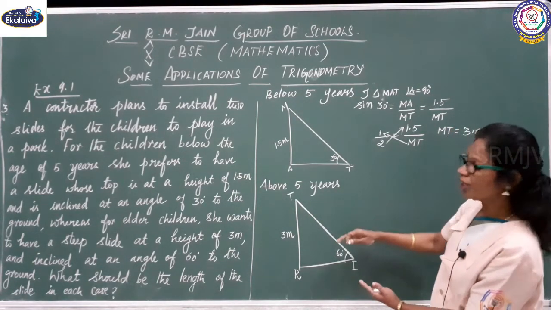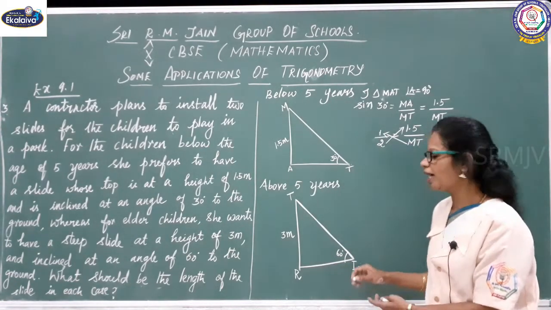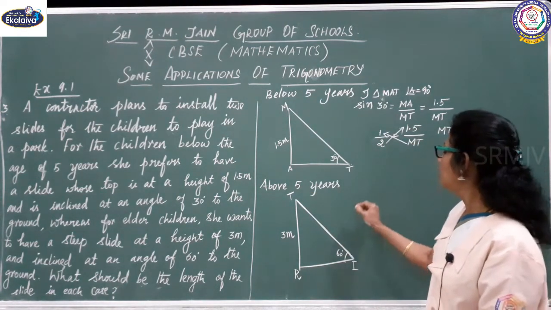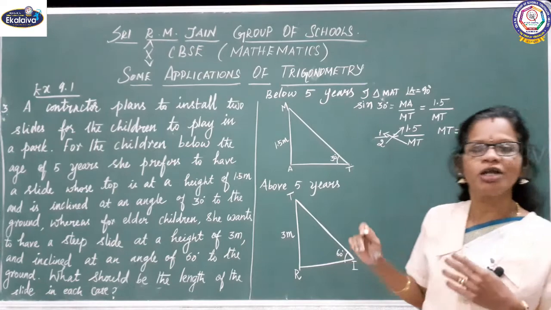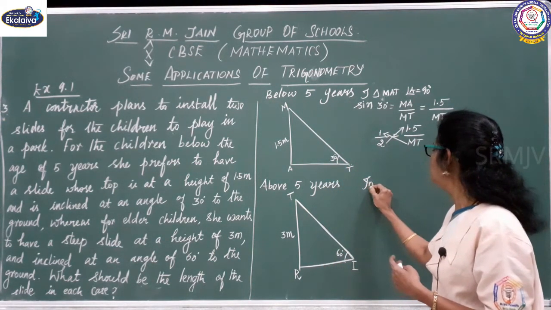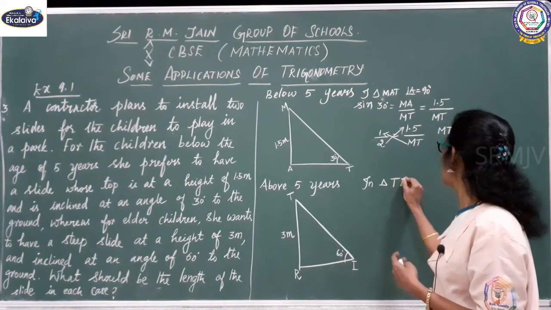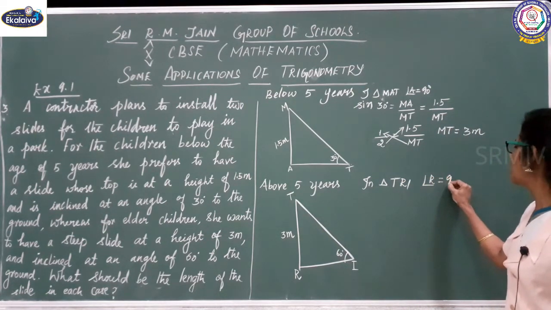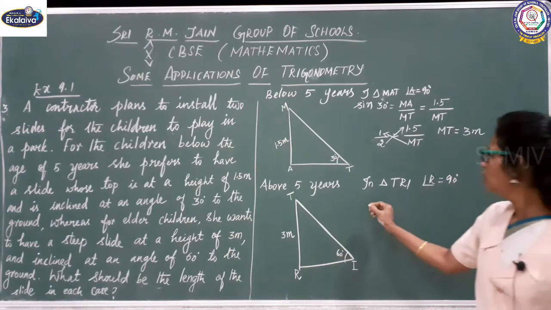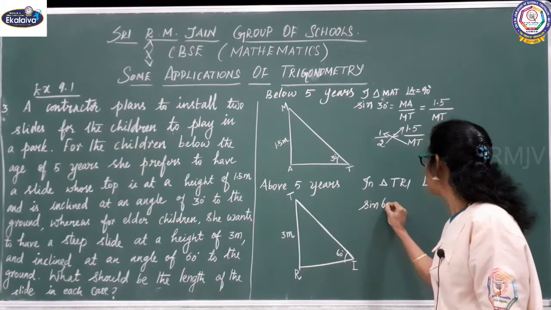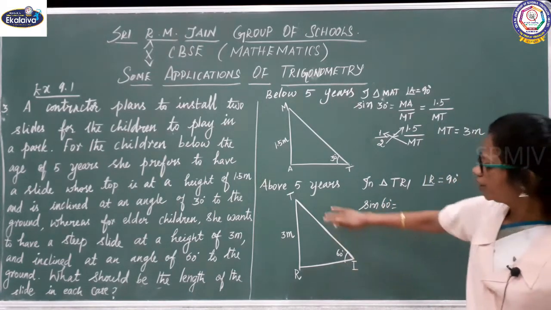Next, above 5 year he made another one slide. That slide length also we need to find, right? Here also the same trigonometry function will help you. In triangle TRI, angle R equal to 90 degree, then sine 60 degree equal to what it is?